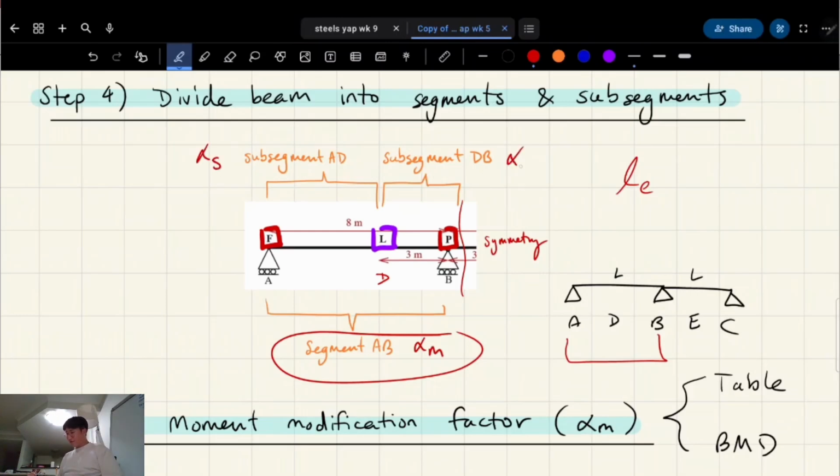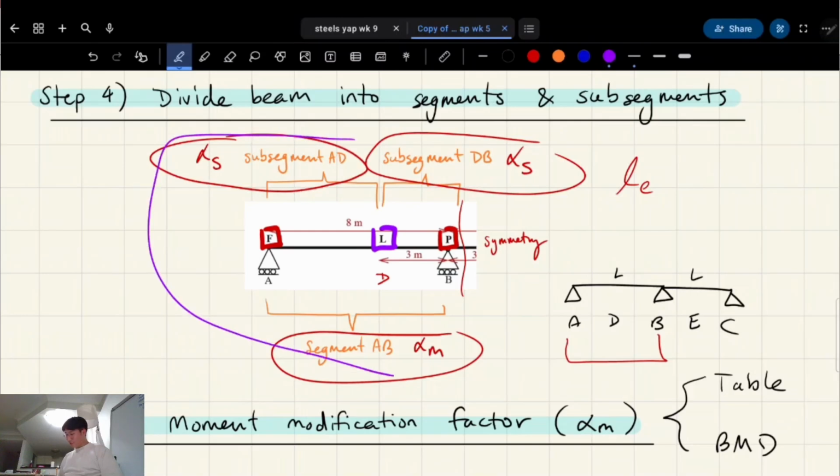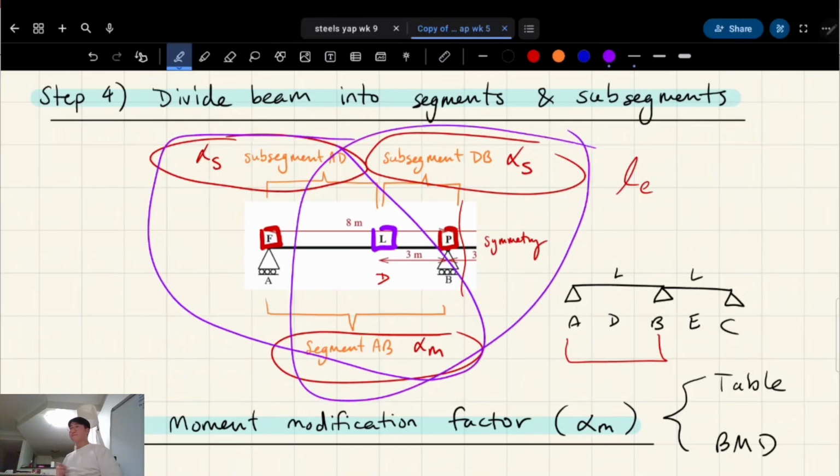This will be another alpha S value, and this will be another alpha S value. When we multiply together, we'll do this combination and this combination. So the alpha S of A to D will be multiplied by the segment alpha M of A to B, and the same for the alpha S of segment DB to M.